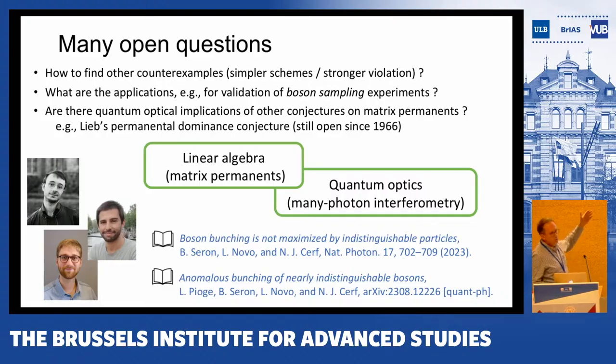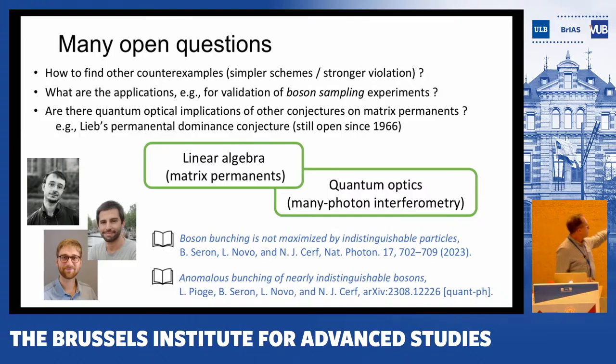We would also like to know what could be the applications for this, for instance, in the validation of boson sampling experiments. And more generally, there have been plenty of conjectures on permanents. Permanents are poorly understood in mathematics, and therefore it's quite interesting to investigate further this interplay between linear algebra, in particular the permanents of matrices, on the one hand and multi-photon interferometry on the other hand.